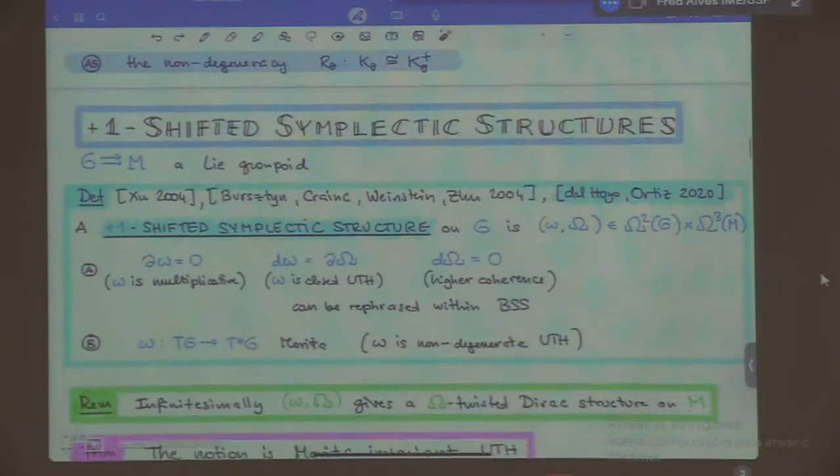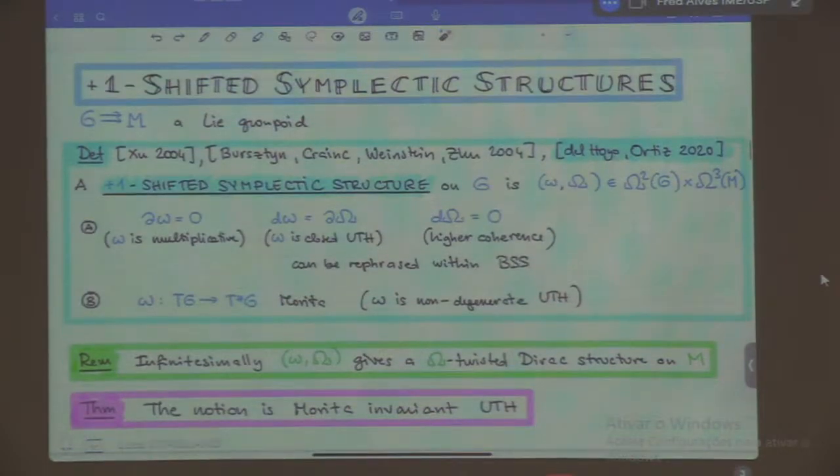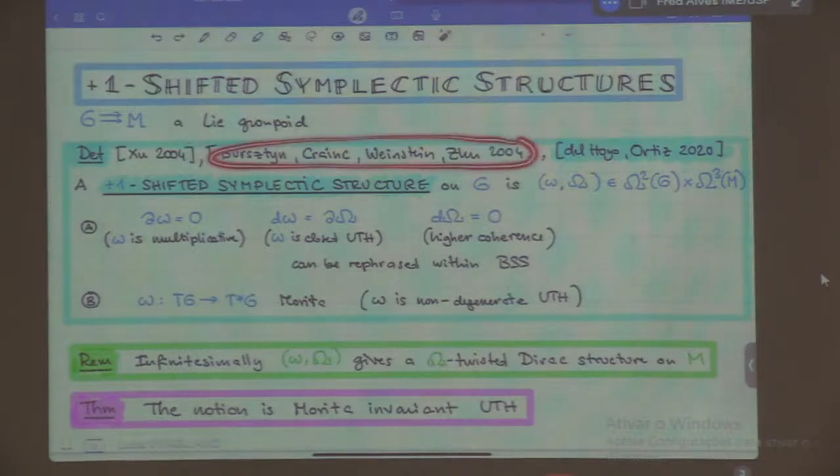Before doing that, let me say a few more words about shifted symplectic structures, in particular plus-one shifted structures. There are several possible definitions. One is the original one by Pantev, Toën, Vaquié and Vezzosi, and also the original one by Bursztyn and others.